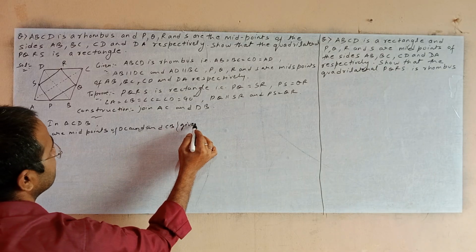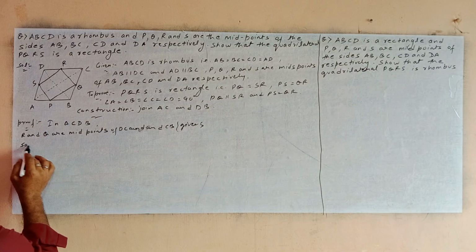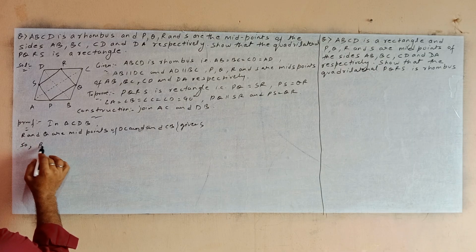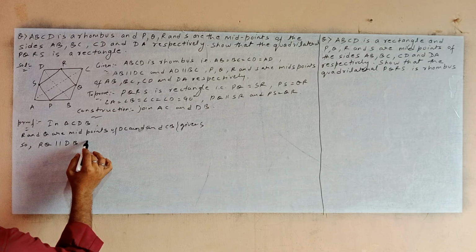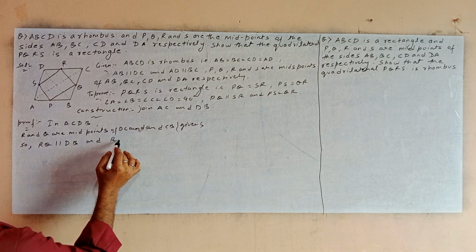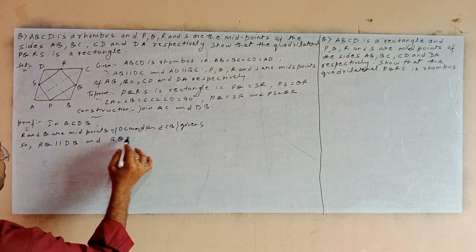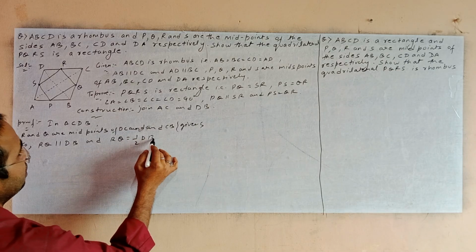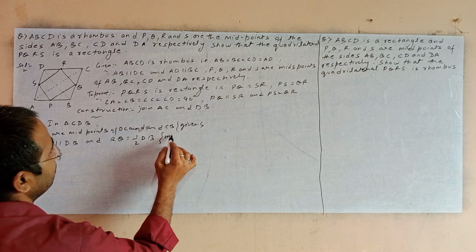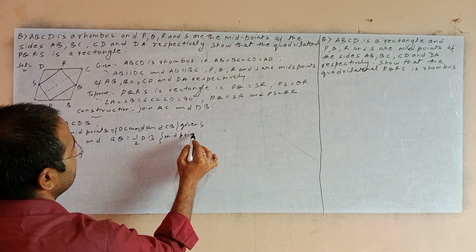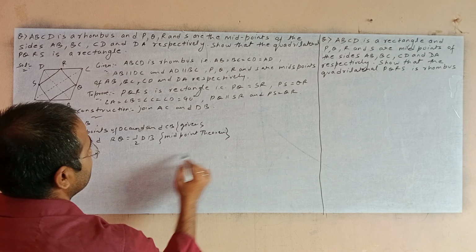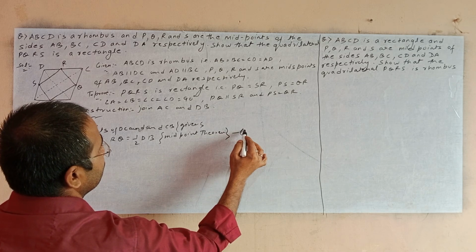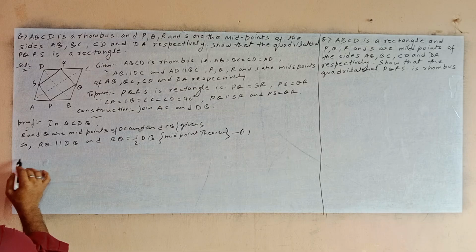Why is it given? So what will happen? RQ is parallel to DB, and RQ is equal to half of DB, by the midpoint theorem. Take it as first equation.